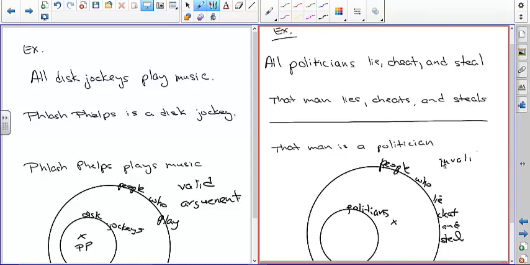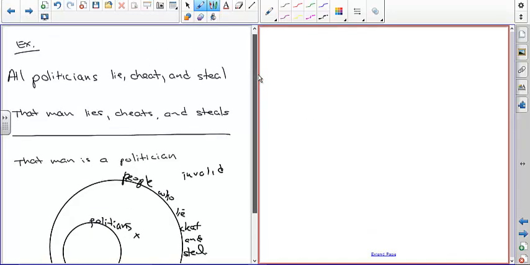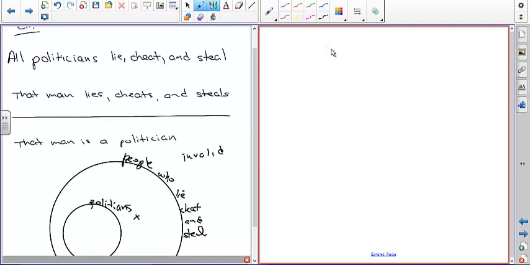Now, if I switch the order here, if I put this here and that there, then it turns out it will be a valid argument. So let's just show you how that works. I'm going to have the same three sentences. I'm just going to switch the conclusion with the premise. All politicians lie, cheat, and steal.